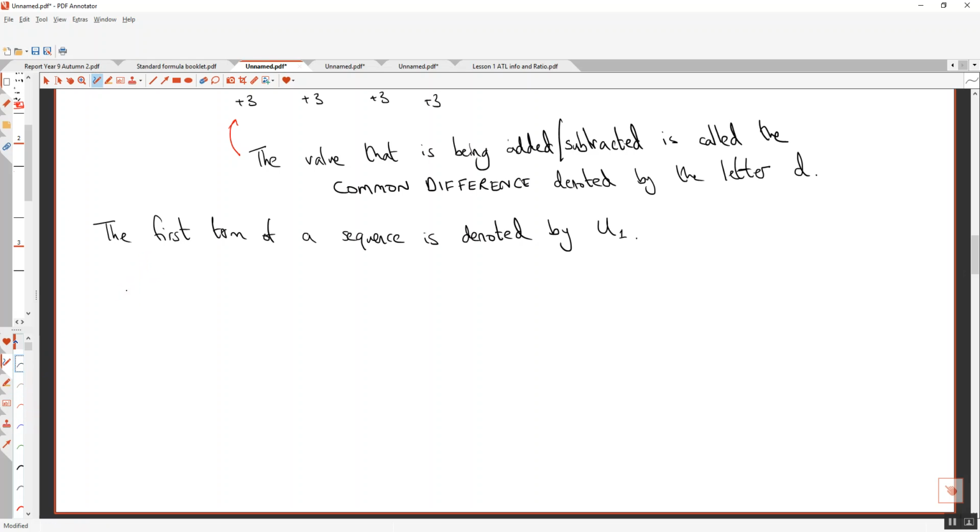So we're going to say the general term un for any arithmetic sequence is given by, now the good thing is you don't need to remember this formula, it's given to you in your formula booklet.